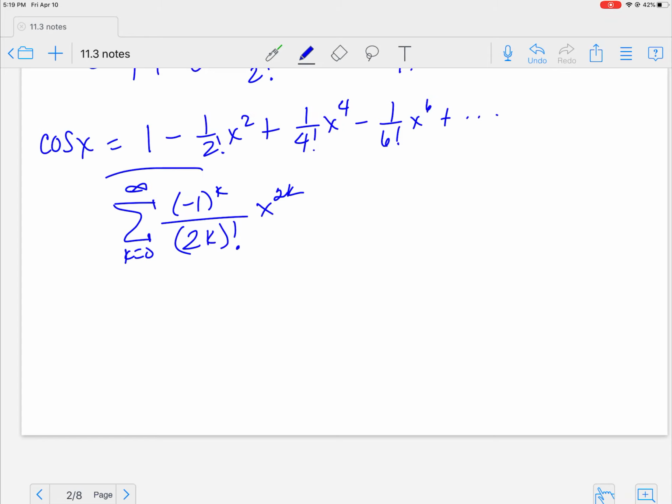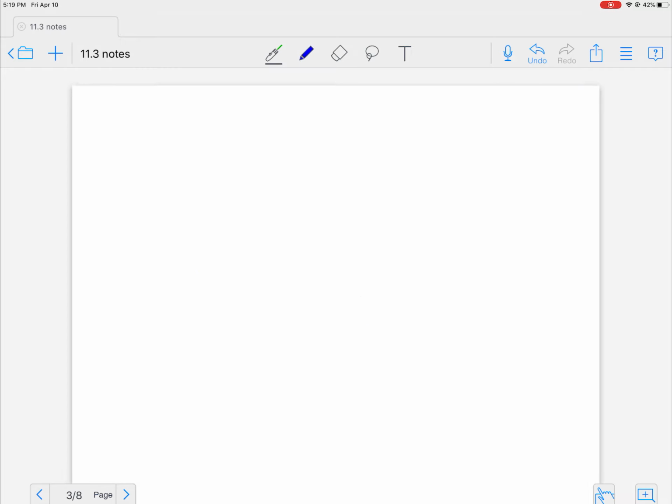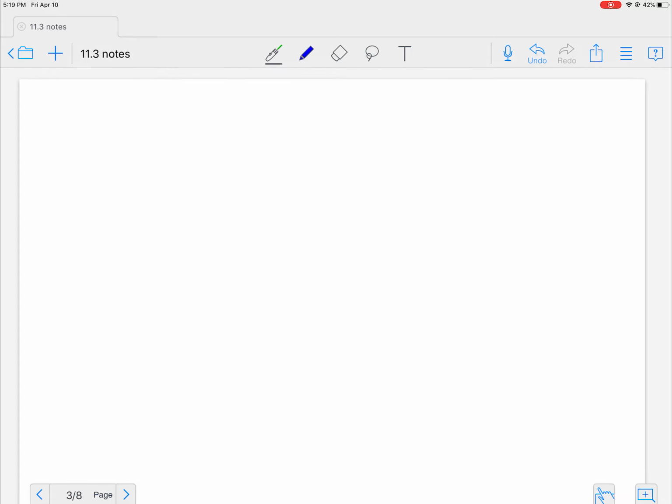And that is my series. So there is my series. But I am charged with finding the Maclaurin series and my interval of convergence. Well, I'm out of room on this one, so let's go down here to this next page and find that interval of convergence.